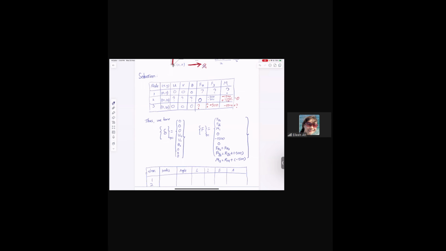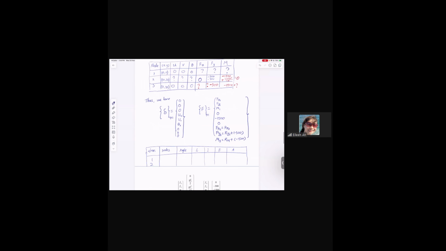For frame element, we need to have more details. For beam, for bar or for link, we just need to find out the angle, the length, and the Young's modulus, the area. But for frame, we also need to calculate the moment of inertia of this beam.